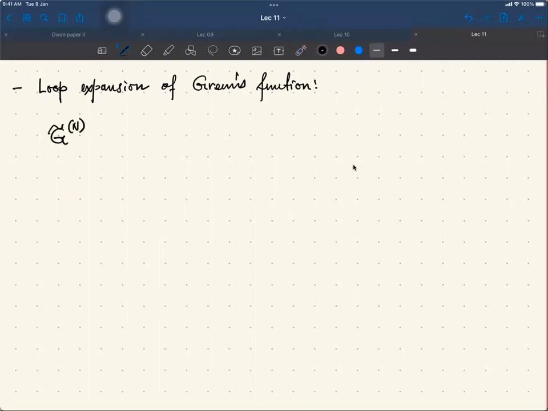Given the definition of this amputated amplitude, we can write G_n(p1 to pn) as the capital P factor for the external lines times a tilde of n, that is the amputated amplitude.